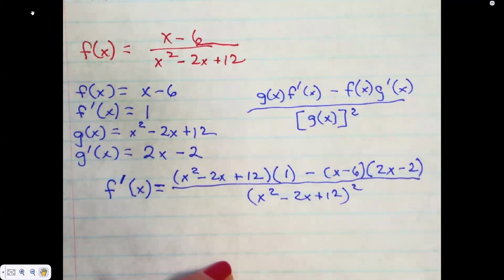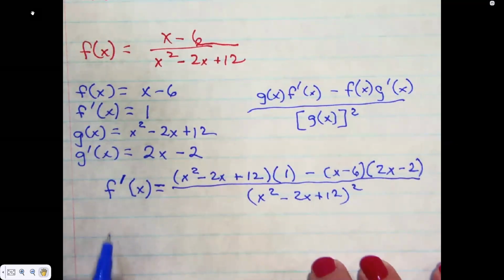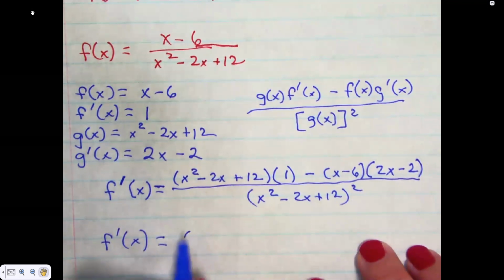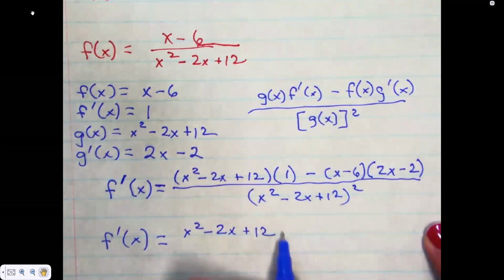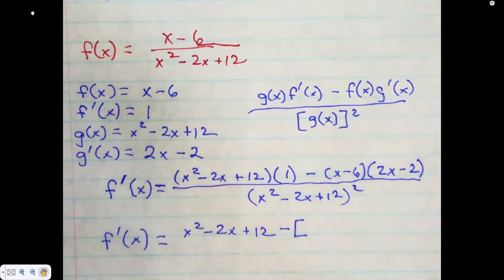Now let's simplify the top a little bit. We don't have to distribute the 1, that doesn't change anything. Just be careful: minus and then a bracket, because you must FOIL and distribute the negative.